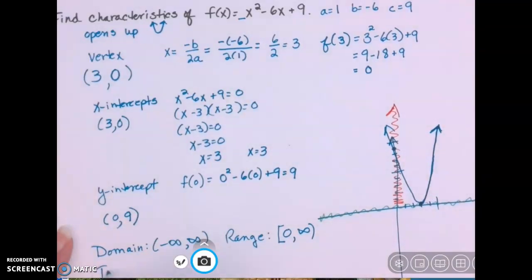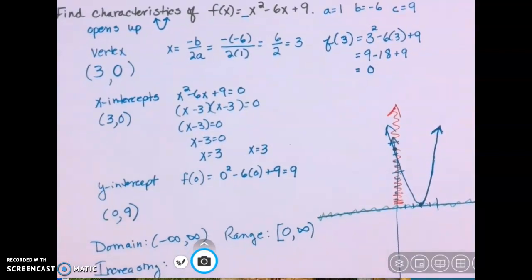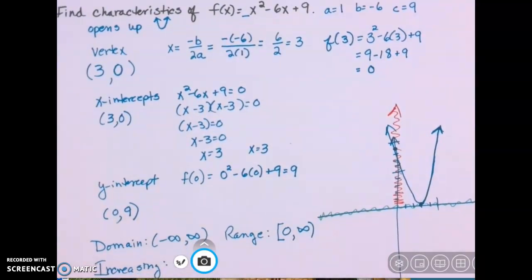So it increases on the interval, and remember that your book uses square brackets for points that are the endpoints, though most math instructors will not do that. They don't include the endpoint. So this is going to be from 3 to positive infinity. I'm going to do it the way your book does it, for increasing.